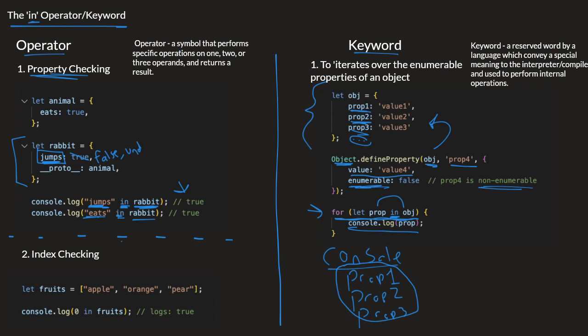Well, every object in JavaScript has something called a prototype, and all a prototype is, is another object that our object can inherit things from. So usually it's defaulted to another object, but we've directly set it here to animal using the __proto__ keyword.